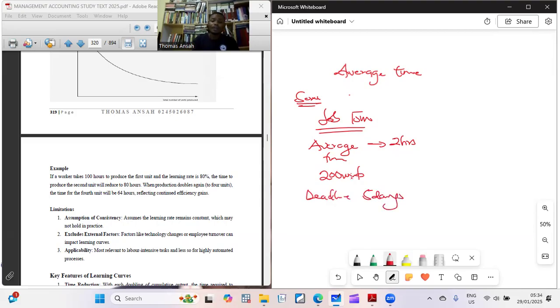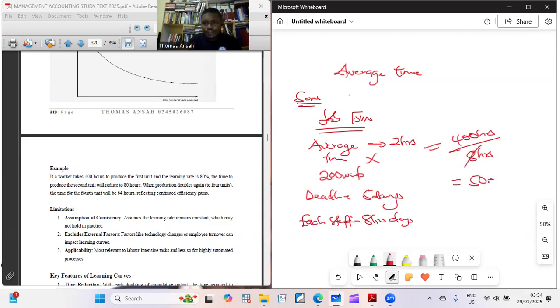So he needs to know the number, because if you multiply this versus this, you know that in total you will need 400 hours. And let's say each staff works 8 hours a day. So what you need to do is that when you divide this by 8 hours a day, you realize that you are getting something like 50 days.